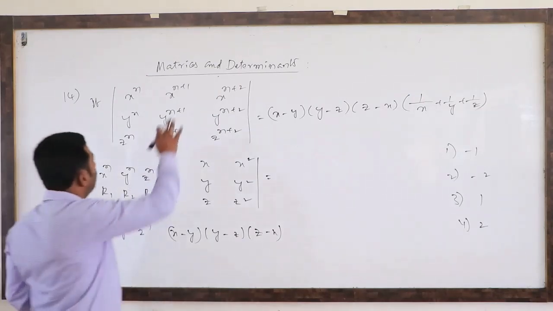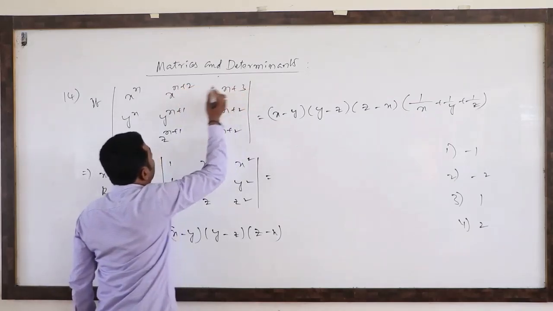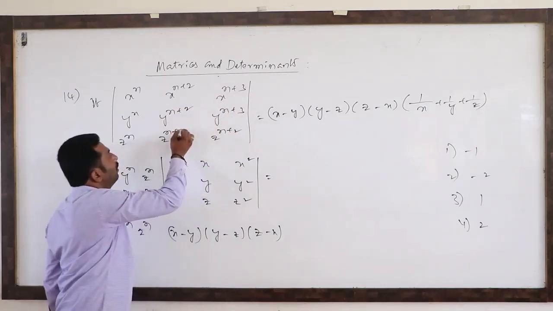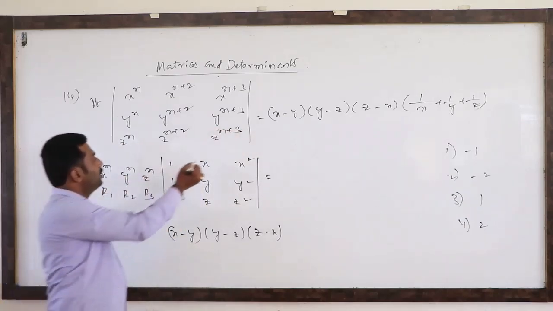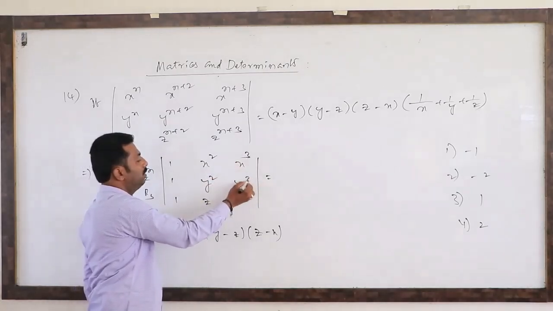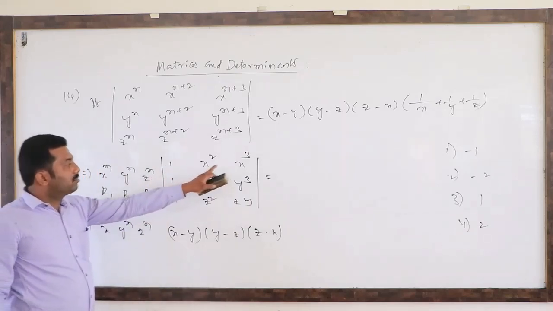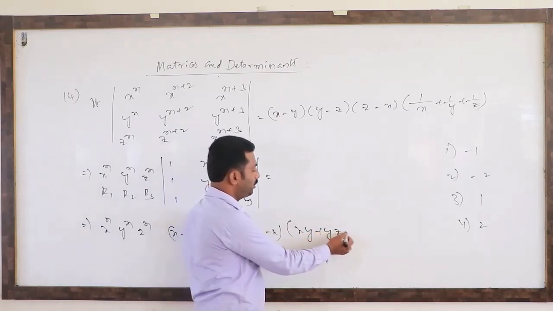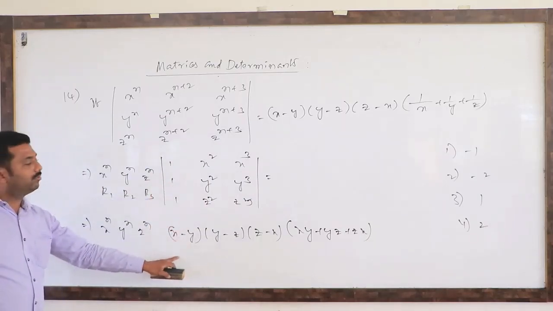Sorry, this is n plus 2, n plus 3. So x power n common means this is x square, x cube, y square, y cube, z square, z cube. So a square, a cube means again the remaining extra factor xy plus yz plus zx. So this is one standard result you should remember.